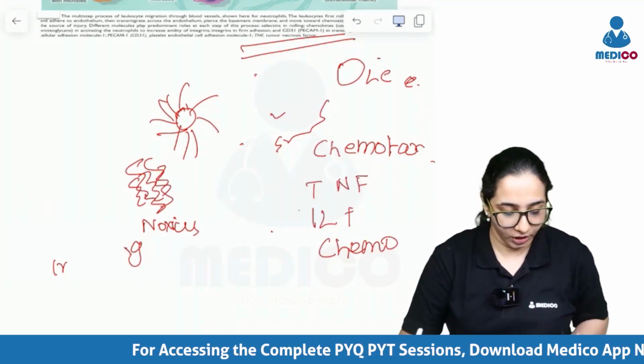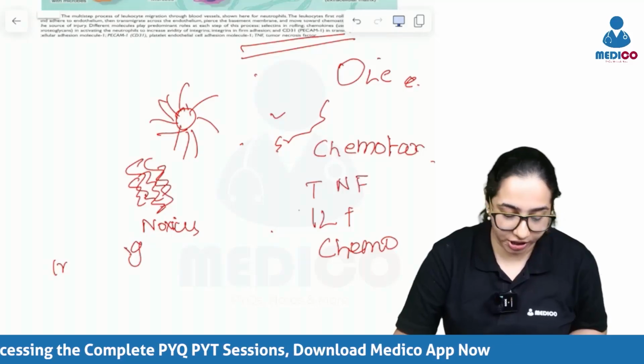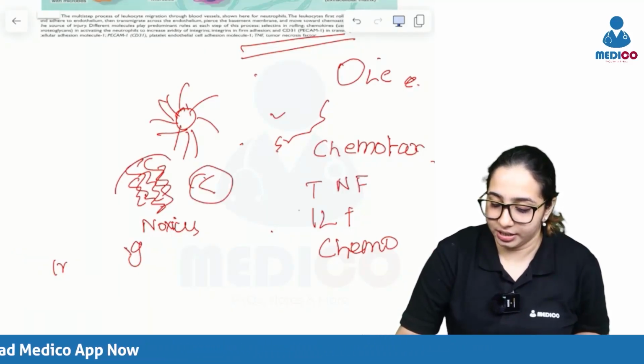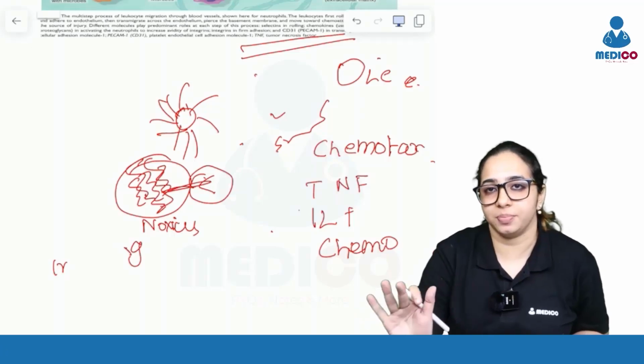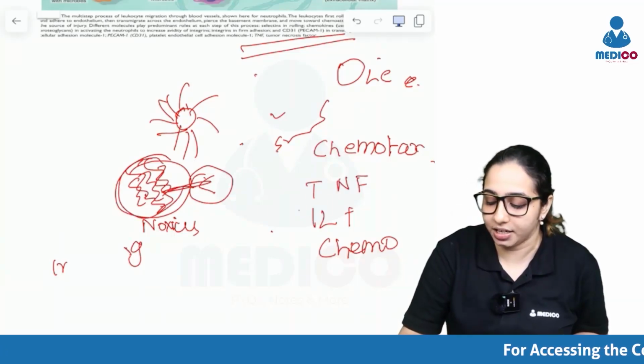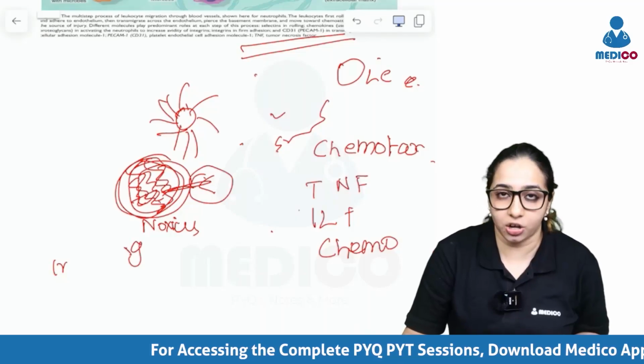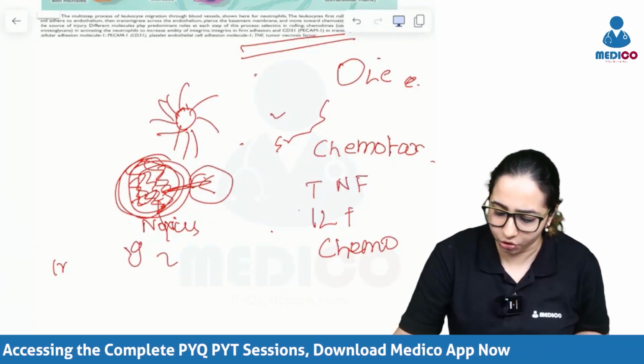Okay. Then once the leukocyte has gone here, then what happens? Then it takes care of that noxious stimuli and the cell is free. The cell is free or the body is free. Okay.